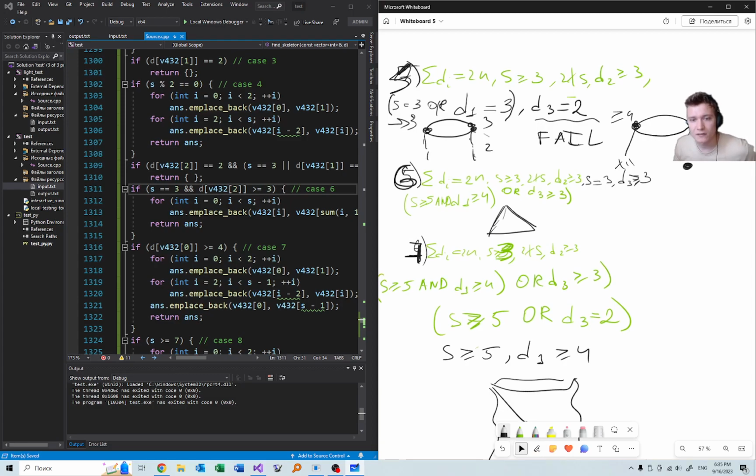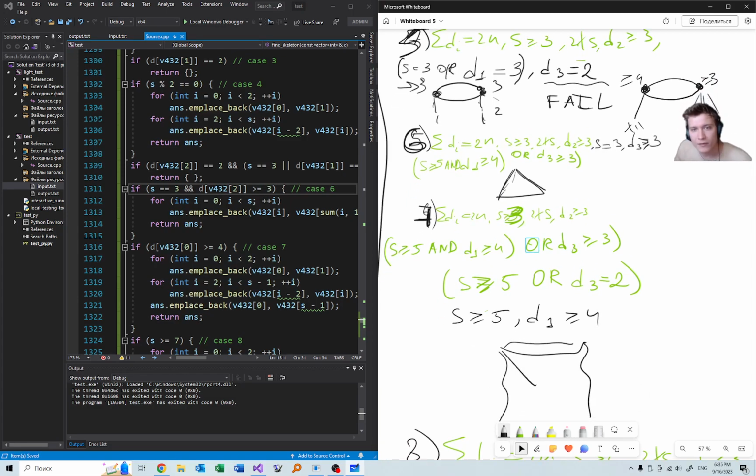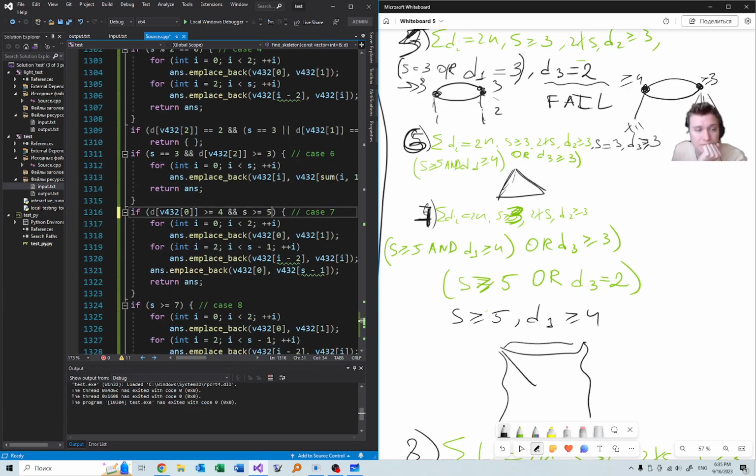Okay, and here, yeah, we have both this thing and this thing. Can we just state that g1 is at least 4? Yes, I think we can write it like this. So this is 4 and s is at least 5. And this would be correct.